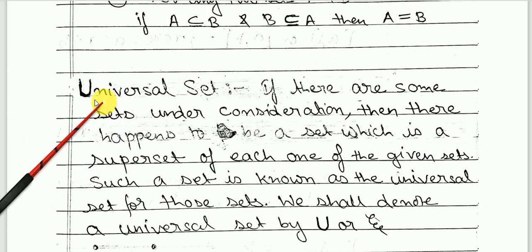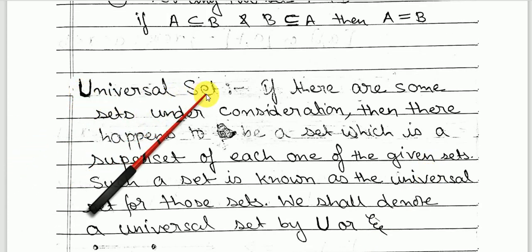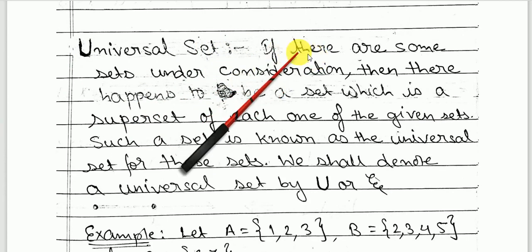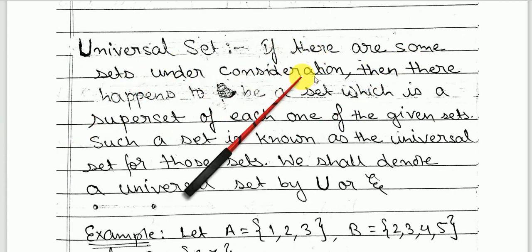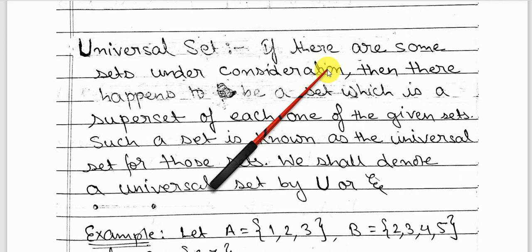Next is the universal set. Suppose we have a few sets under consideration that we are dealing with, and we get one set which contains all those sets. Then that particular set is called the universal set.